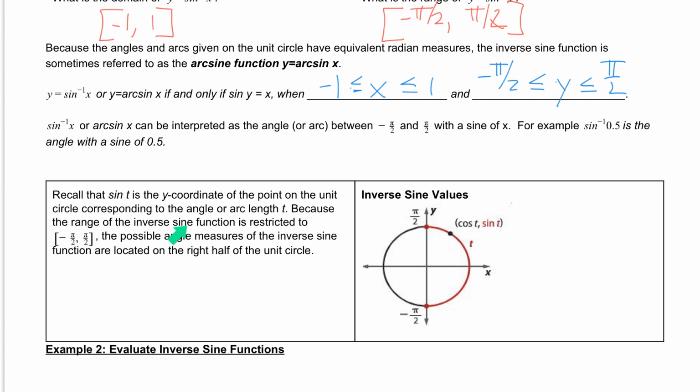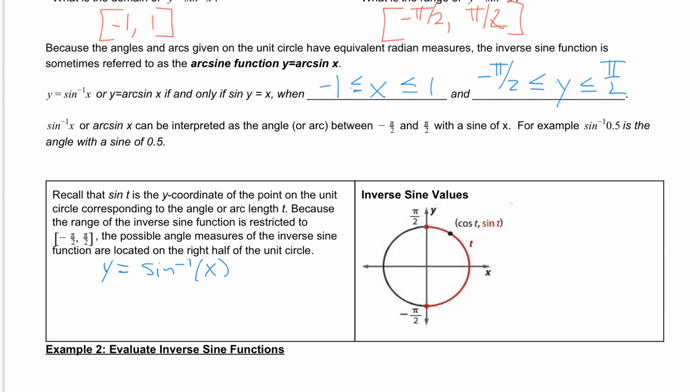Because the range of the inverse sine function is restricted to negative pi over 2 to pi over 2, the possible angle measures of the inverse sine function are located on the right half of the unit circle. So we are looking at y equals sine inverse of x.